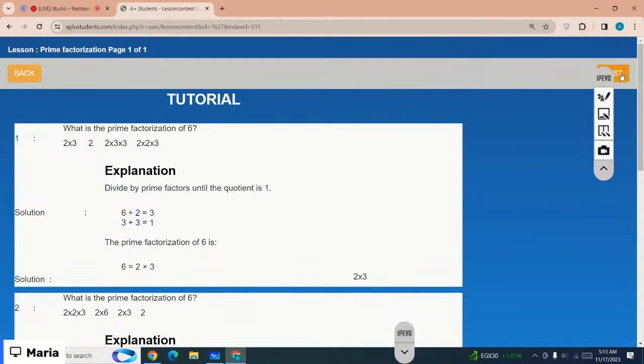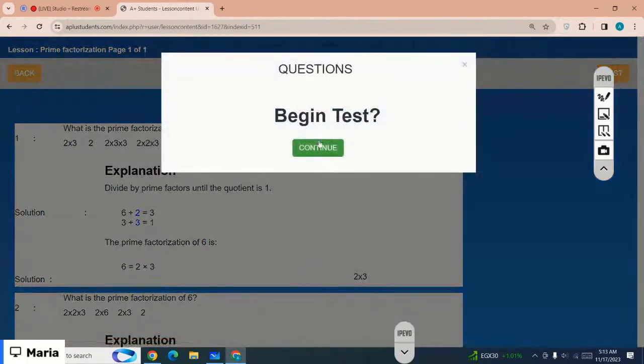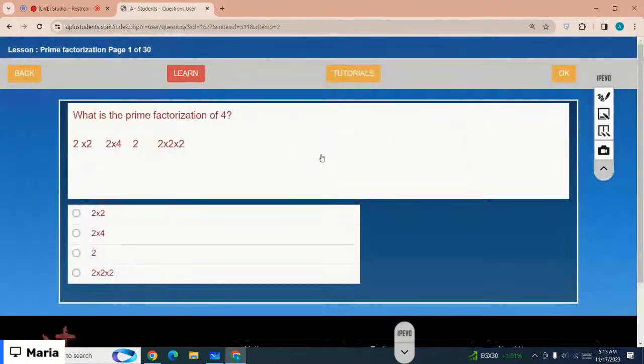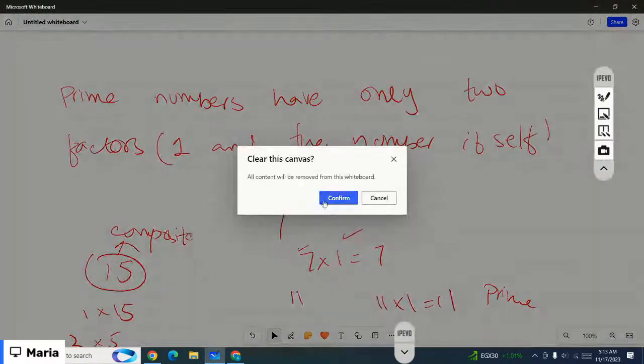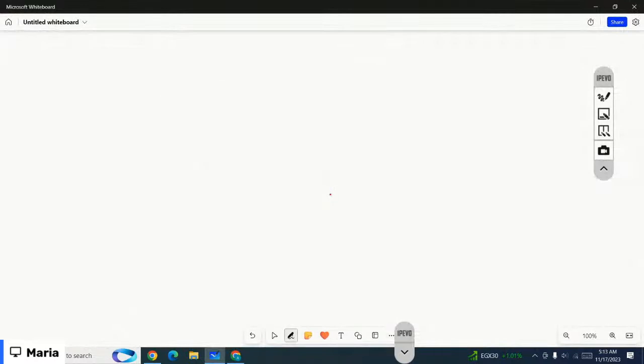Let's just start with the practice questions. Okay, what is the prime factorization of 4? How do we make the prime factors? You have to start dividing the number by the smallest prime number.